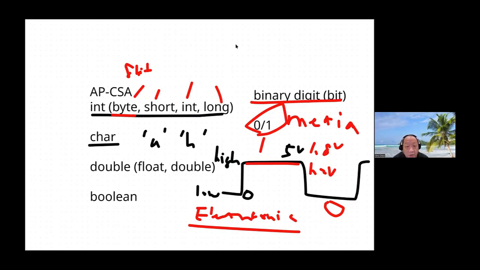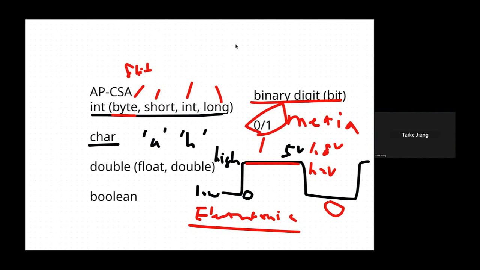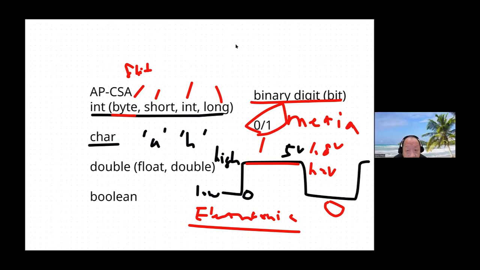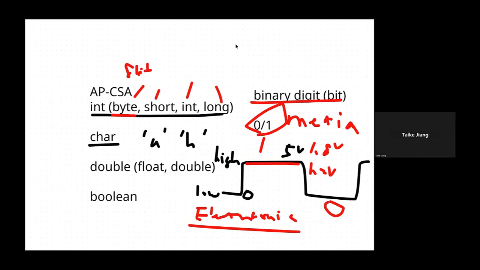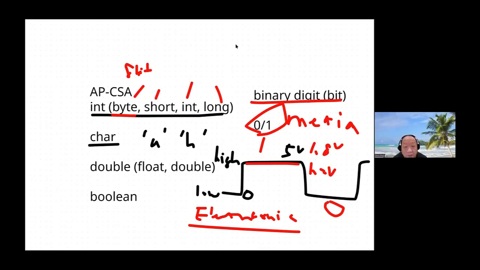I posted quite a few slides of my handwriting into the group. You can see that on Facebook. Your dad can also see it. Do you see it? Yeah. What's the purpose? Why am I posting it there?